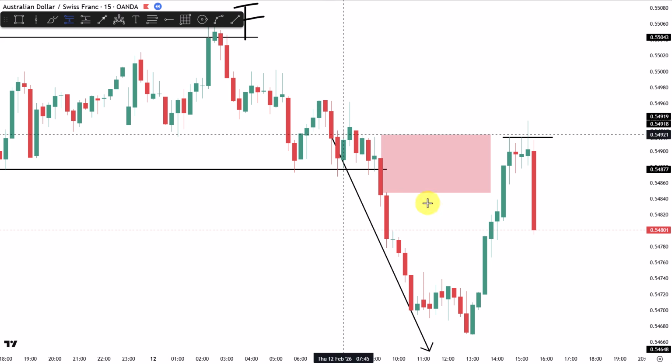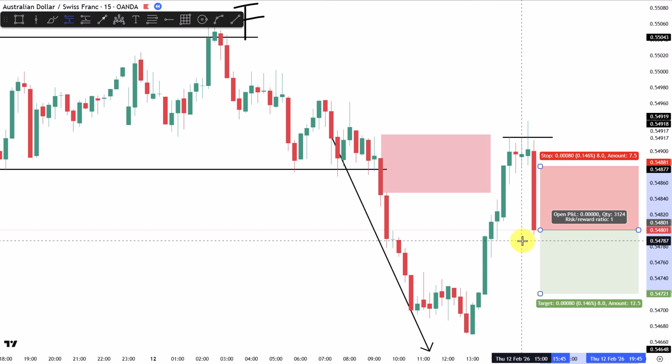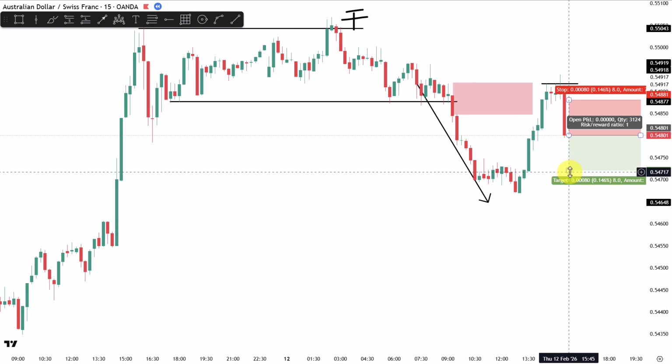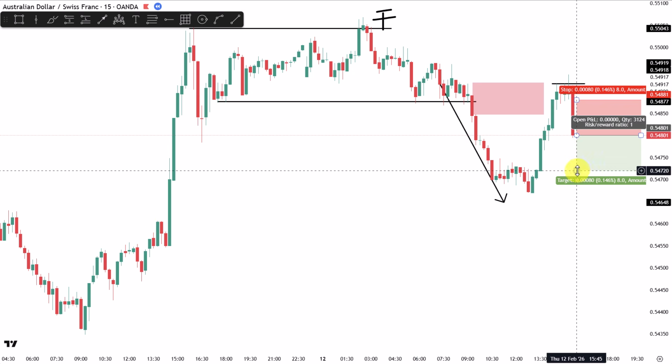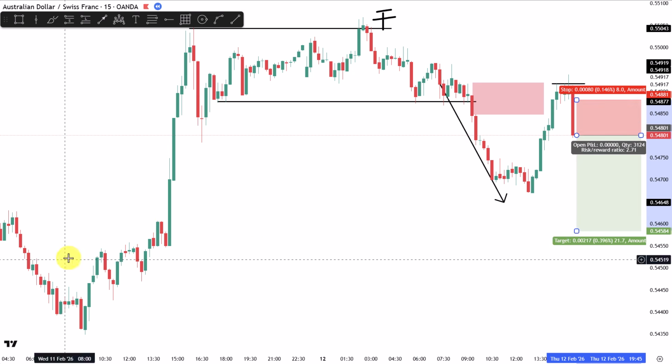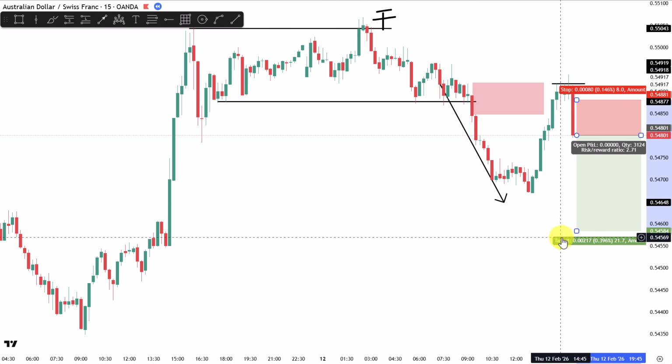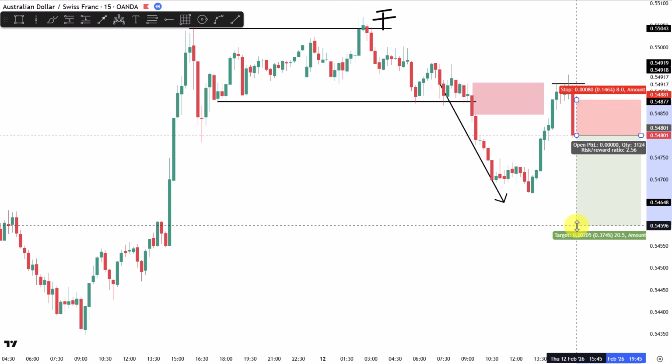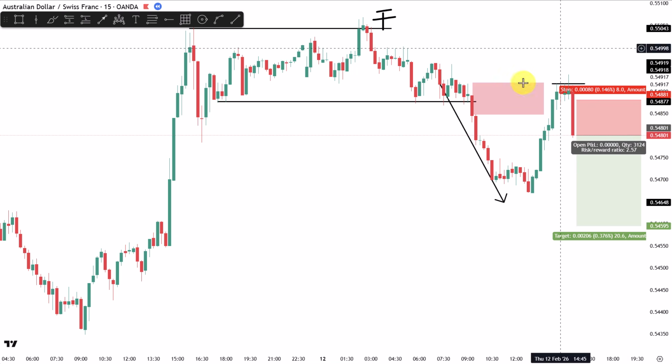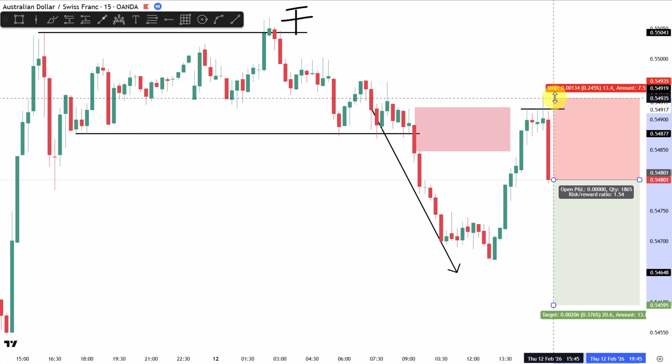So now you have a few options. Either you can get in on the trade right away. Target-wise, we look left here, and we can see a little bit of a demand pocket that we could target. Let's say we go here for this demand pocket. Stop-wise, you don't necessarily have to put your stop loss all the way above the candle.